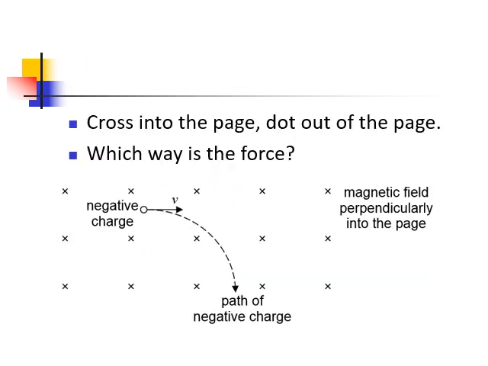So let's have a look at this one here. How do we represent X, Y, and Z on a flat screen or piece of paper? Well, we can do this with crosses and dots. The crosses here indicate that we've got a magnetic field that is going directly into the page.